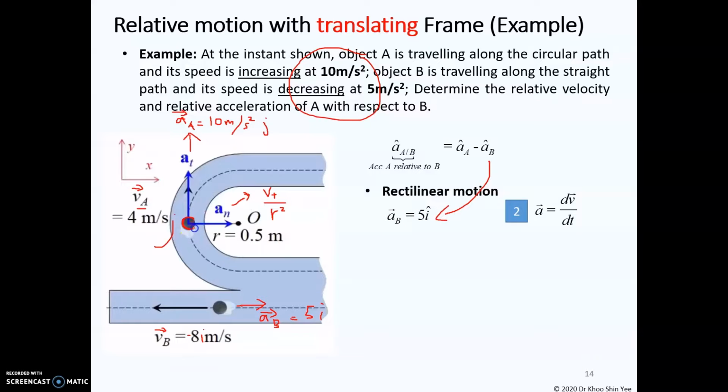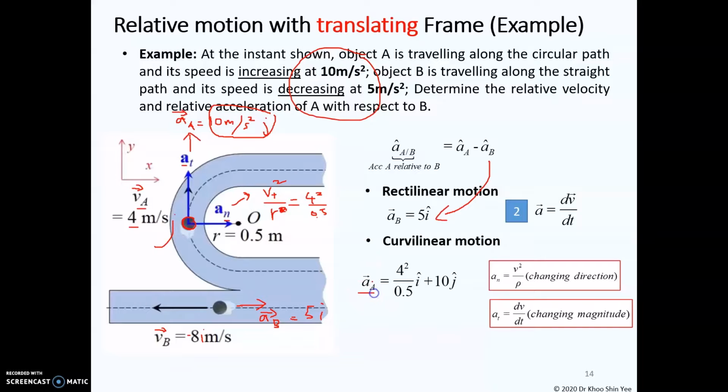For object A here, since it is doing the curvilinear motion, it will experience acceleration in terms of tangential acceleration and normal acceleration. So for the tangential acceleration, we obtain 10j, and for the normal acceleration, which is pointing toward the center, we can compute it by using the tangential velocity squared divided by the radius.